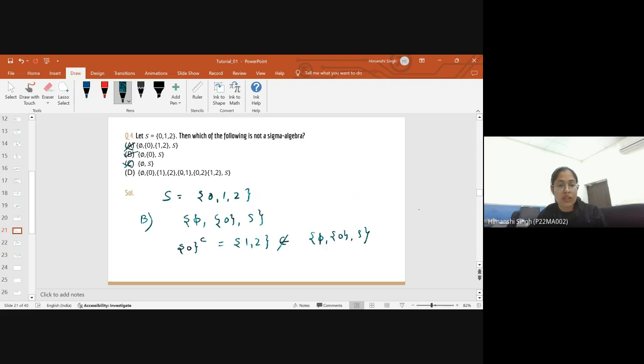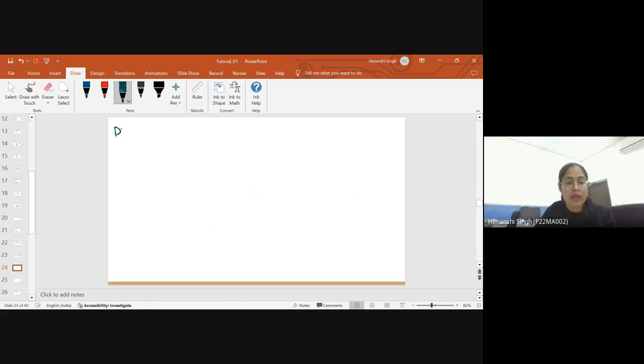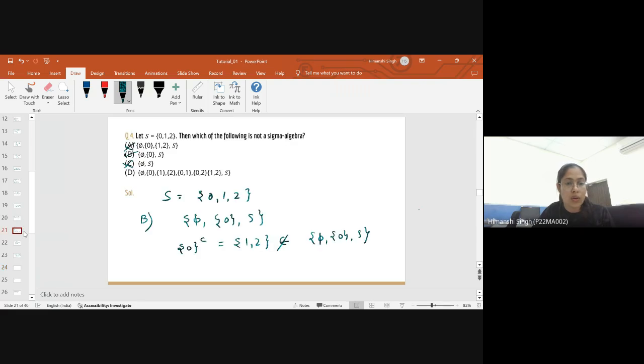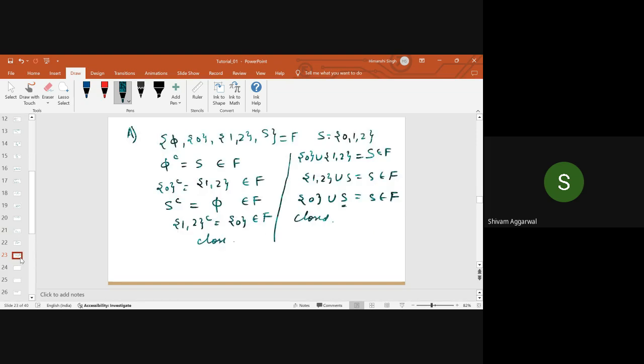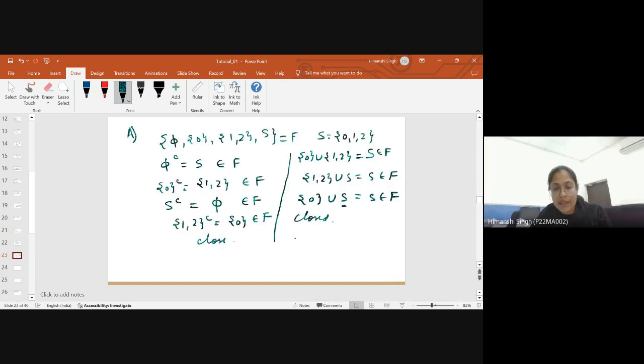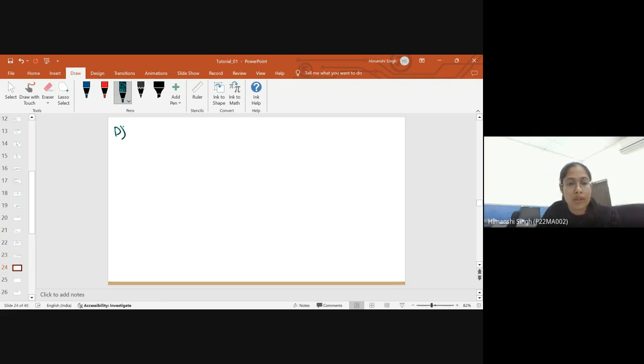Now for the last option, option D, what are the elements? Ma'am, if we take a union of phi and 1, then that is not there in the set. No, see, you are taking the union of phi and 1.